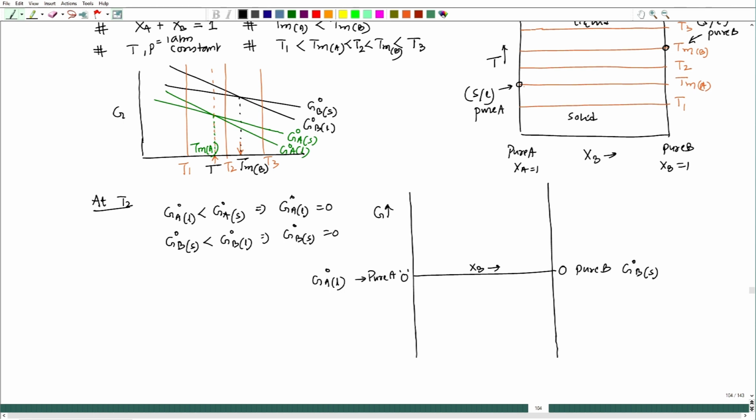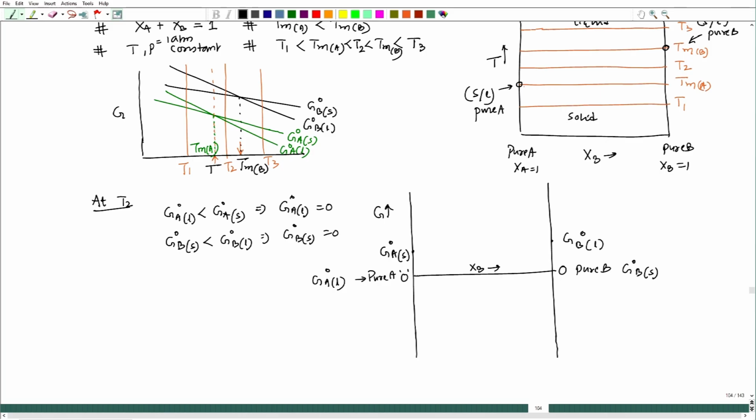So, G B naught liquid is placed here as per this particular G versus temperature plot. This is G B naught liquid, and here, let us say, this is considered as A naught solid. Okay, fine. So, once we have assigned them, now I can decide what would be my G1 for solid and liquid before mixing.